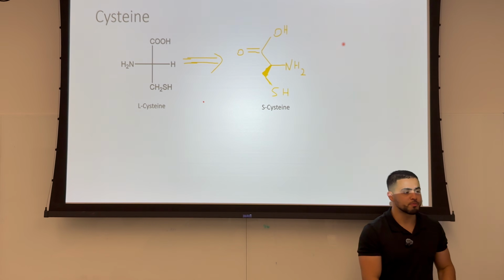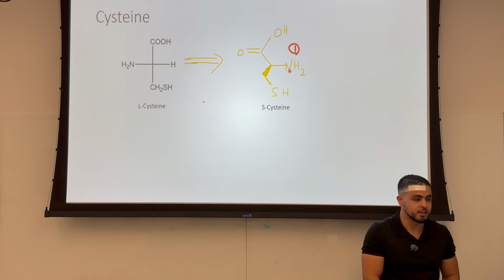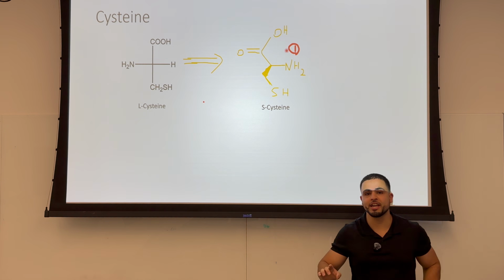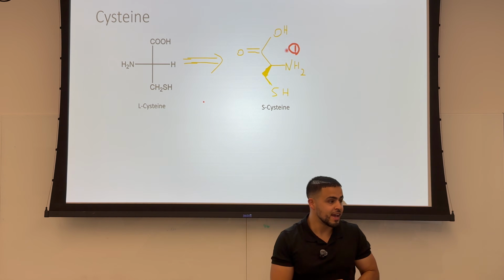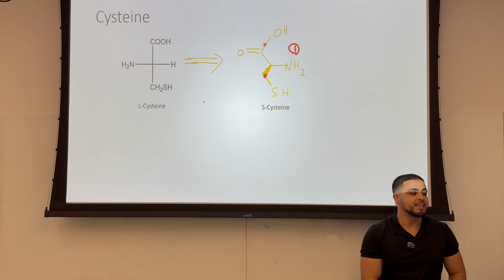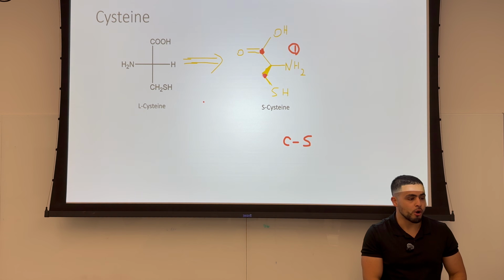So here the highest priority group is going to be the amino group, just like any other amino acid. The second highest, recall in every other amino acid, is going to be that carboxylic acid group. However, over here, if we're comparing these two atoms that are attached to the alpha carbon, this one is a carbon attached to a sulfur atom, and this one is a carbon double bonded to oxygen.